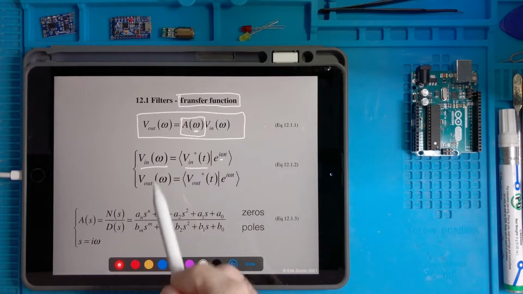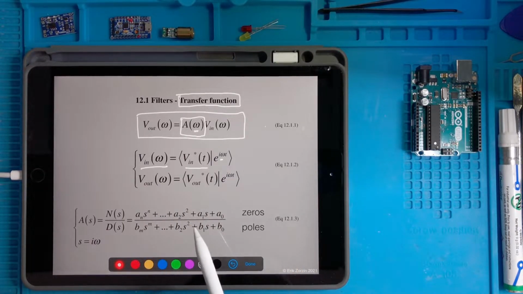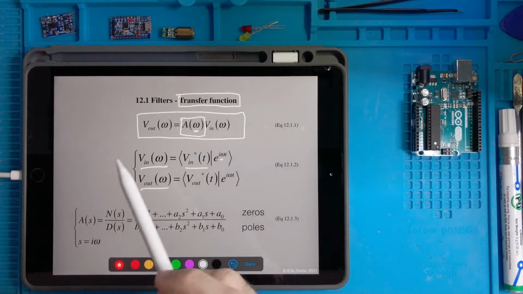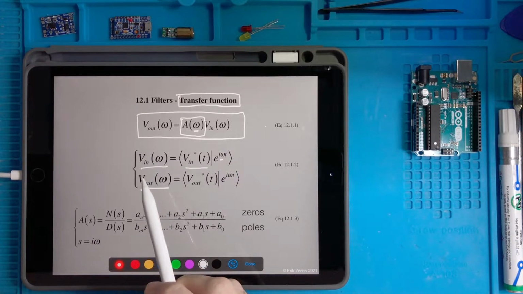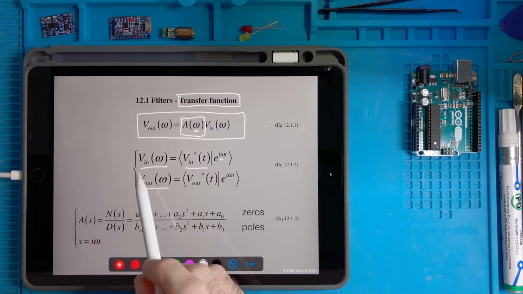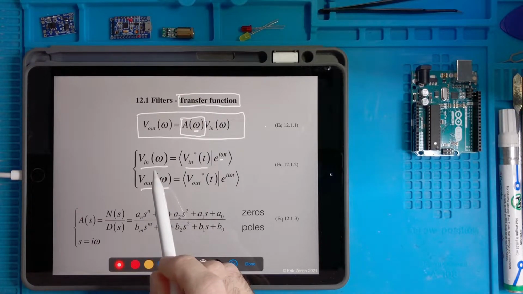We call this number V of omega. And similarly we do for the output. So this A is simply the ratio between the Fourier transform of the output, which we call V out of omega, and the Fourier transform of the input, which we call V in of omega.